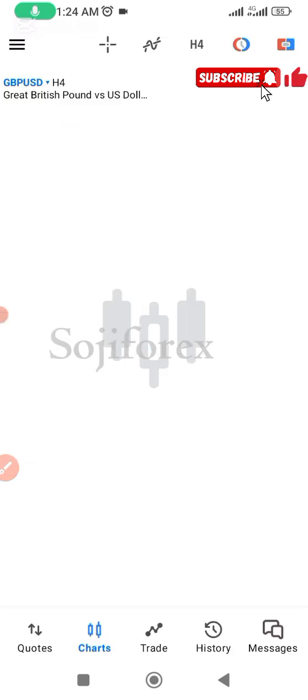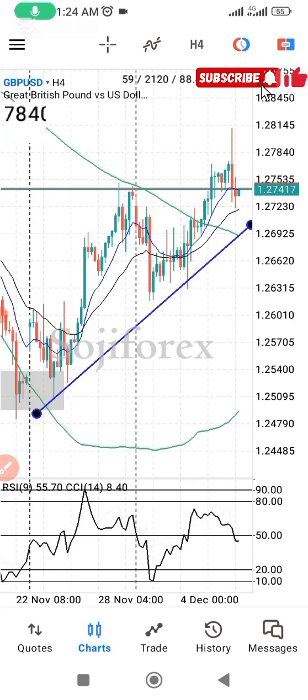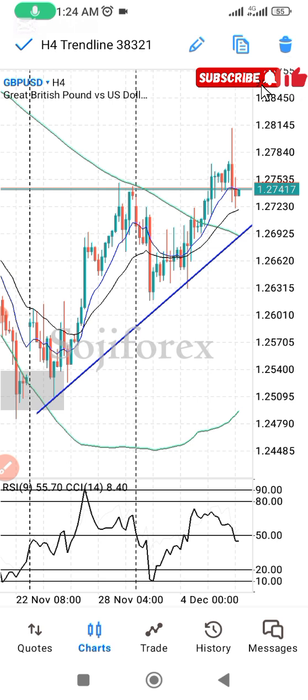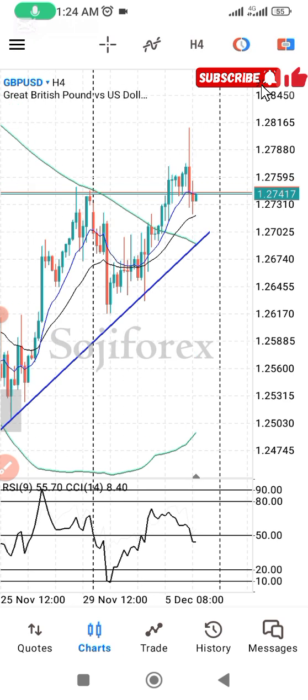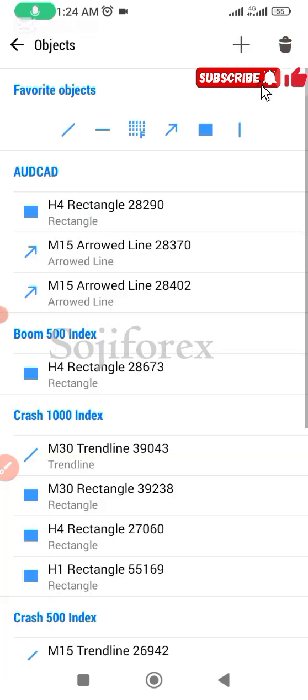Another way to do this, if you put your trend line, obviously you can see that this price is in an uptrend. And another way to do this is by using our middle Bollinger Band.